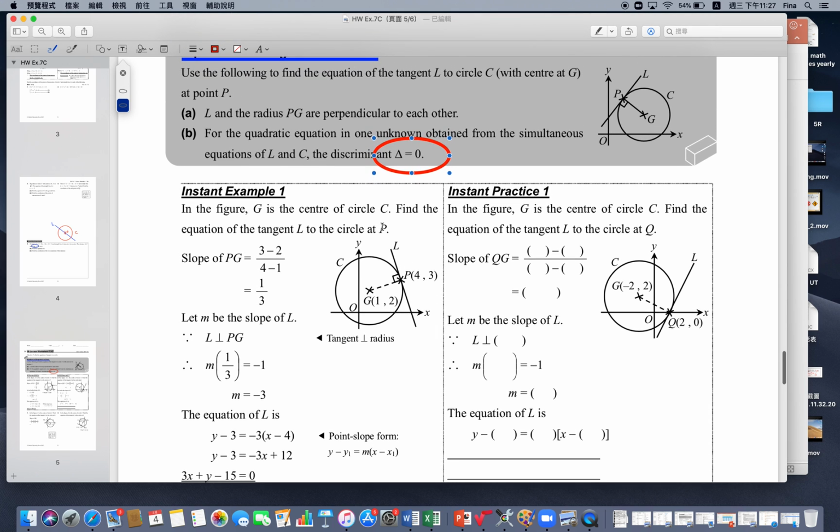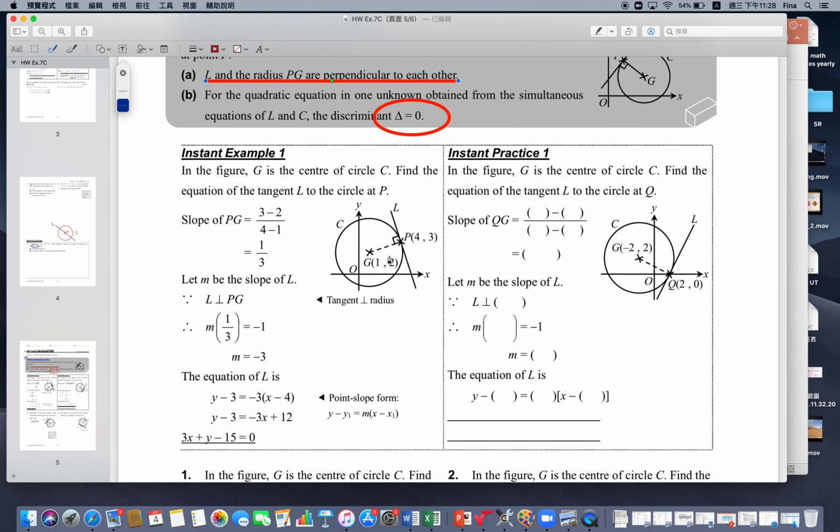We have to use the first property here. The first property is that L and the radius are perpendicular to each other. That means GP is perpendicular to L. For G and P, I have the coordinates of point G and point P, so I can get the slope of PG. First of all, I calculate the slope of PG.